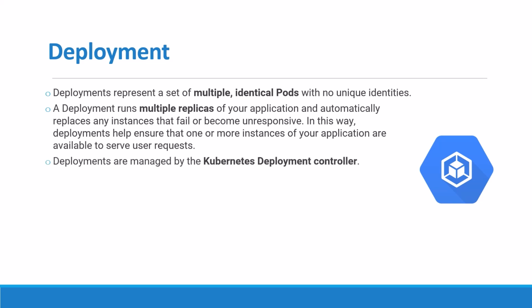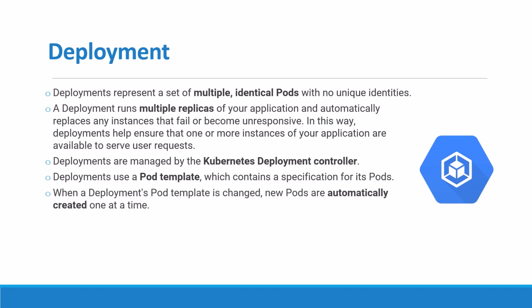Deployments are managed by the Kubernetes deployment controller. Deployments also use a pod template, which contains a specification for its pods. When a deployment's pod template is changed, new pods are automatically created one at a time. In order to create a deployment in GKE, you can use the kubectl command.